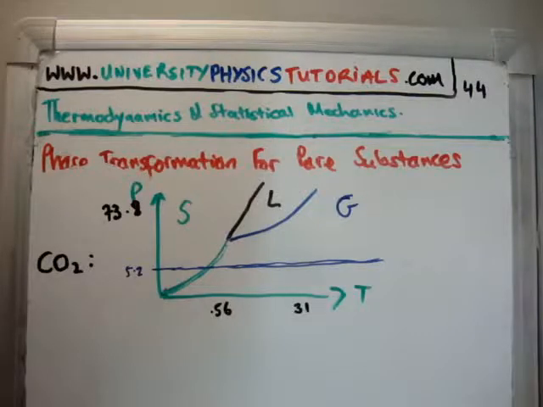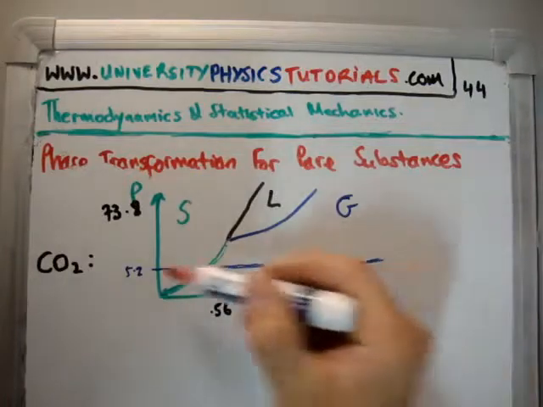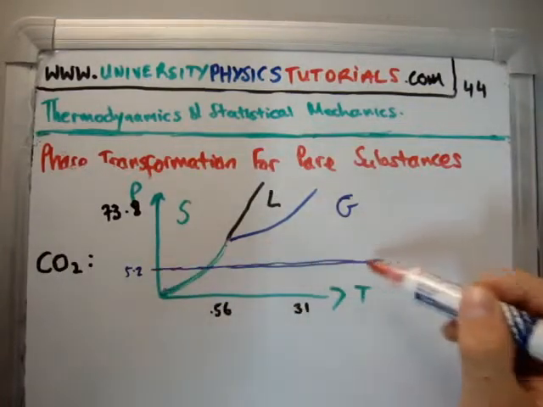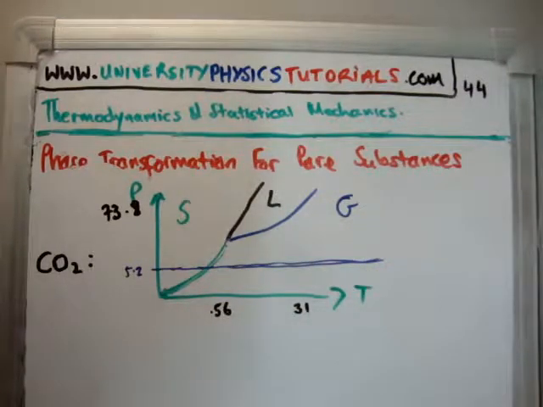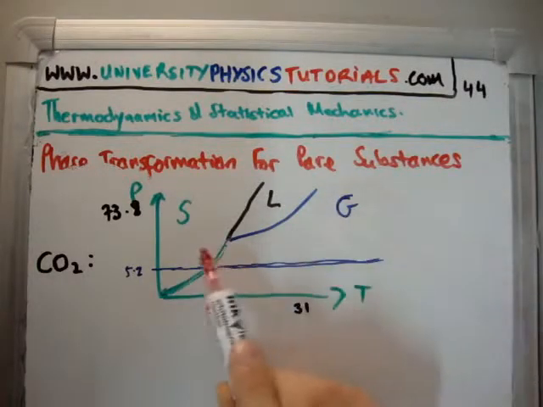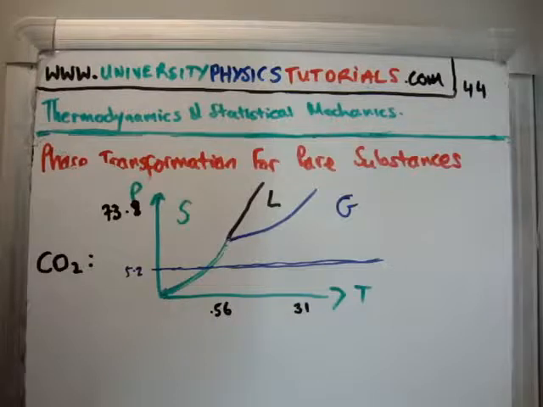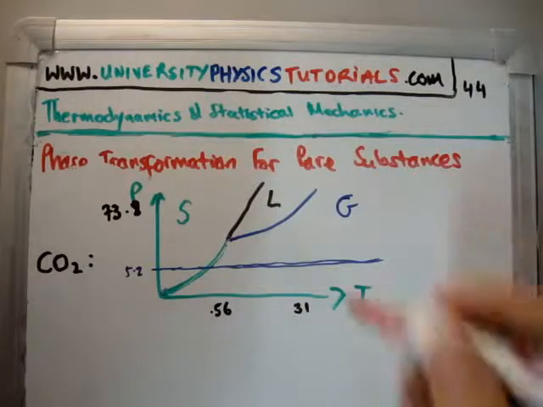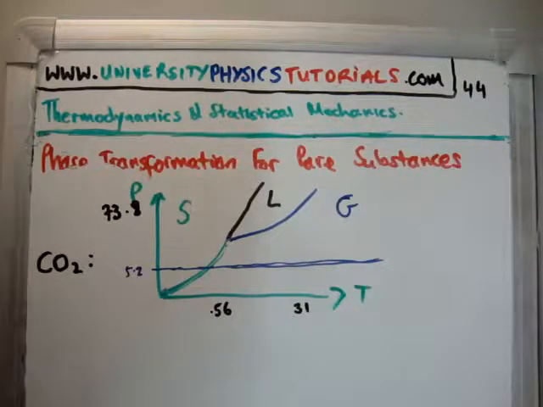So at atmospheric pressure, if you increase the temperature, in other words, follow the horizontal line I've drawn here, you cause a direct transition from the solid to the gas phase, and we know what this is. It's called sublimation. So, for example, when you're in the nightclub and they bring out the CO2, you get this white smoke, I suppose you could call it.